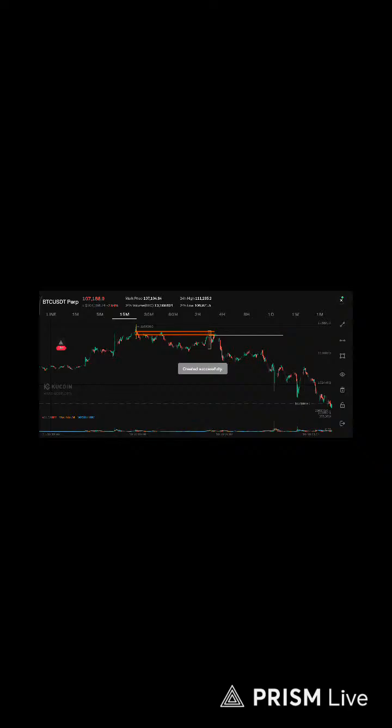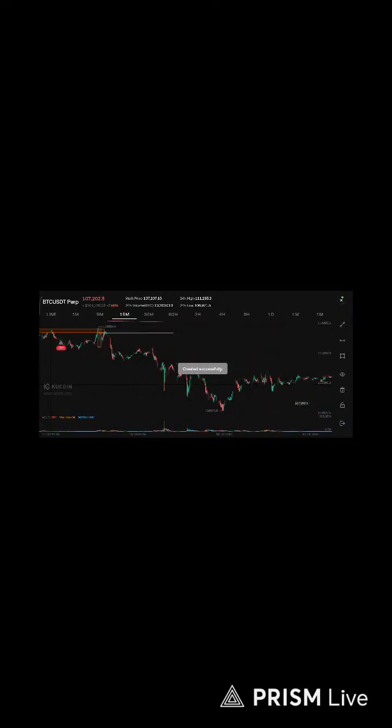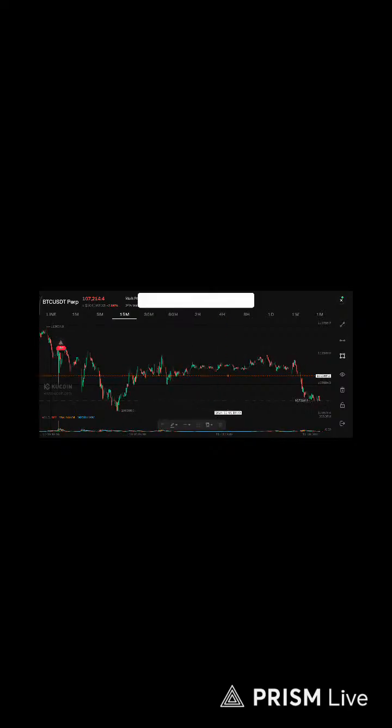My entry is the blue line. All right, my stop loss, I would have set my stop loss above the resistance level. You see my stop loss above the resistance level. Have you seen my stop loss above the resistance level?